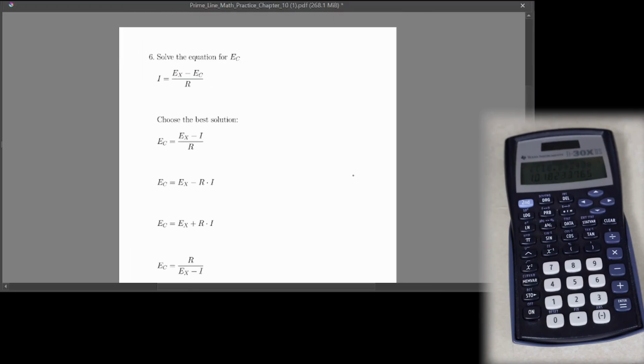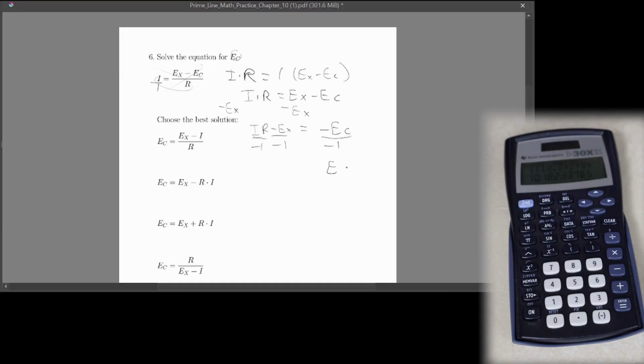Similar problem, we're going to try and solve for EC. So if I write this over 1 and I cross multiply, I get I times r equals 1 times EX minus EC. Because it's just 1, I can drop the parentheses and the 1 on there. I get I times R equals EX minus EC. If I subtract EX from both sides, I get negative EC equals I R minus EX, and I'll divide everything by negative 1.